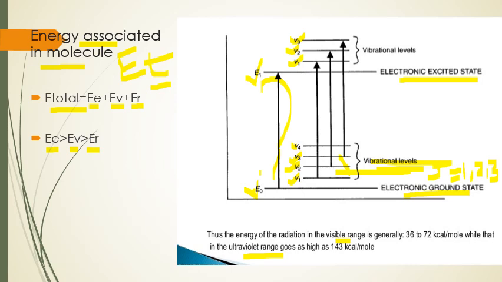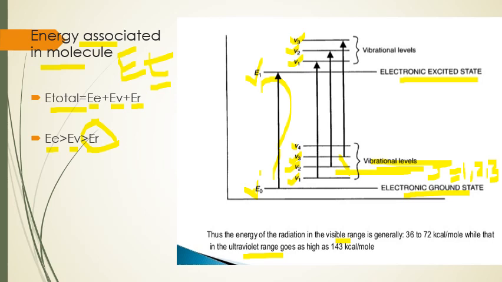If we give lesser energy like IR, infrared radiation, it causes vibration. And if we give even lesser energy, that is microwave radiation, it only causes rotation because it is lesser energy.